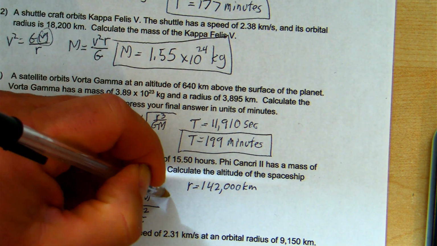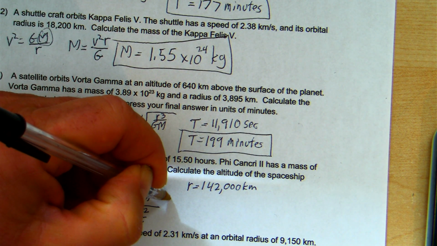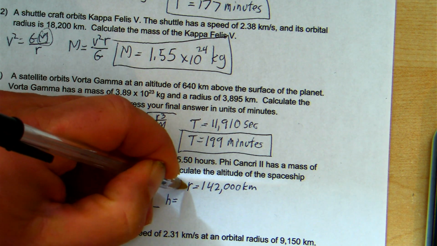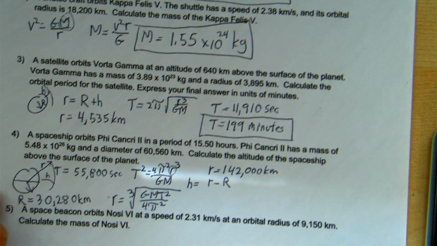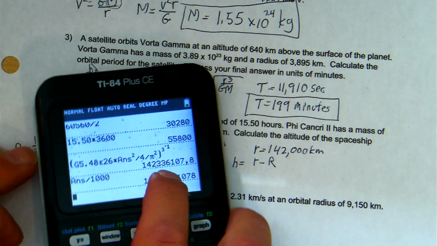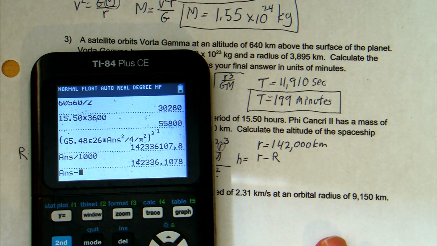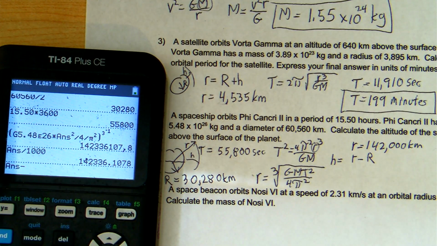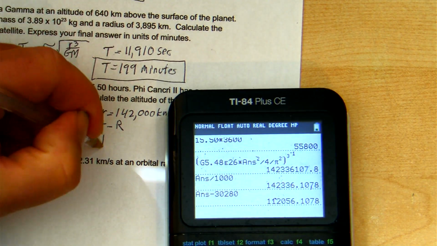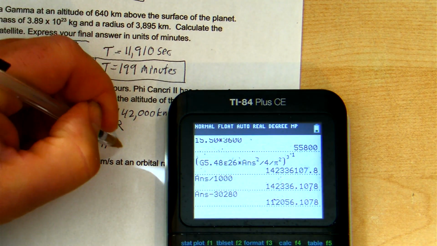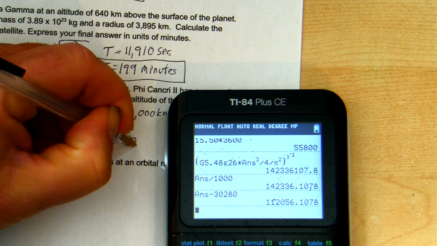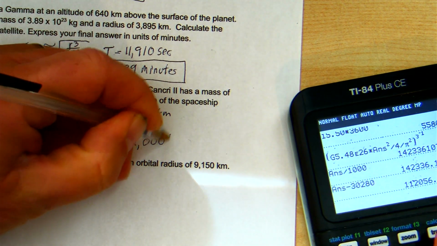The altitude is equal to the orbital radius minus the radius of the planet. So 142,000 minus the radius of the planet, which was 30,280 kilometers, the altitude h above the surface of this probably gas giant planet is 112,000 kilometers.